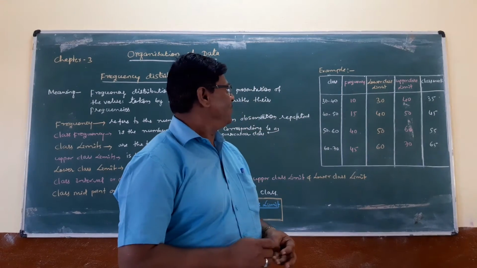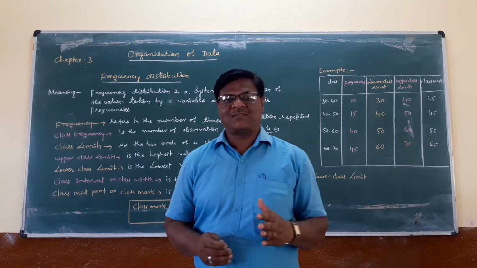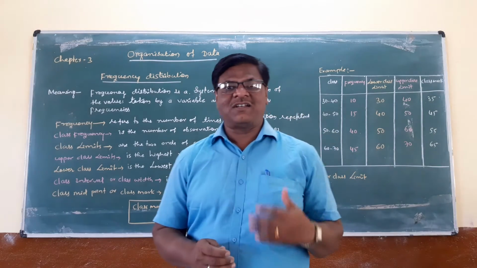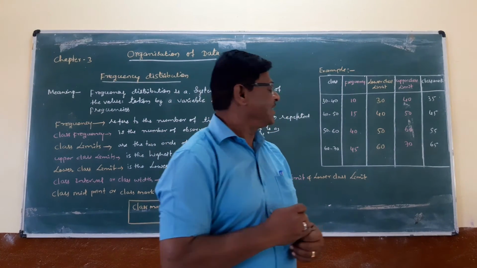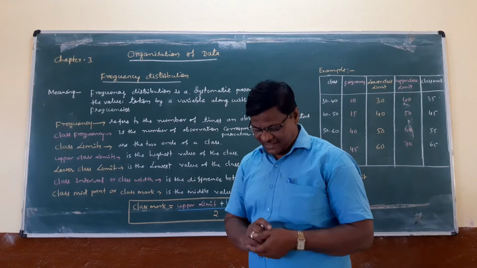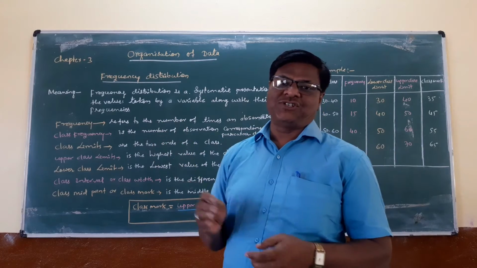And also the frequency chart, how to find out the class mark, frequency, lower class limits, upper class limits and the mid class and the class marks. So today we have to understand first the meaning of the frequency distribution.